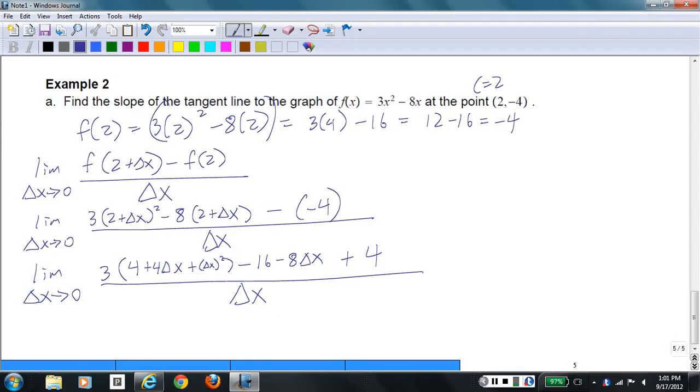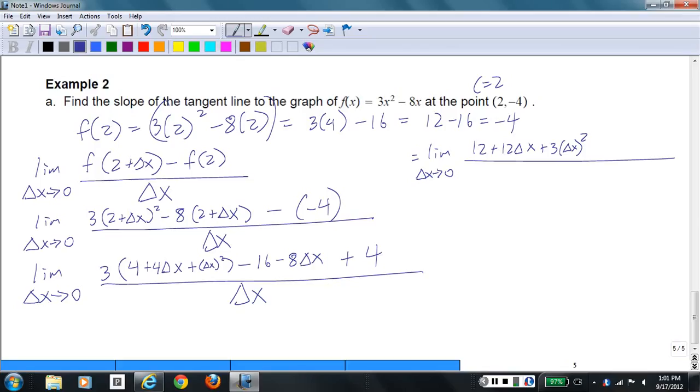Got to simplify some more, distribute the 3 across the parentheses, and I think I'll have room if I move it up here. The limit as delta x approaches 0 of 12 plus 12 delta x plus 3 times delta x quantity squared. We can go ahead and combine the negative 16 and the positive 4 to get negative 12.